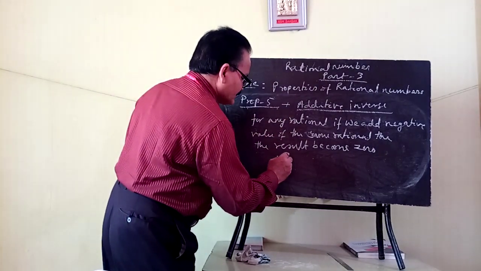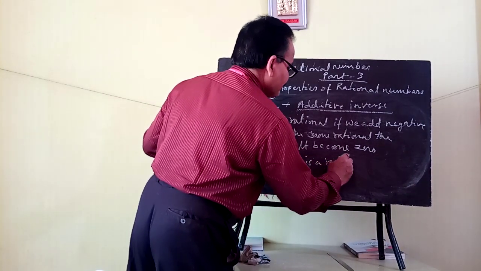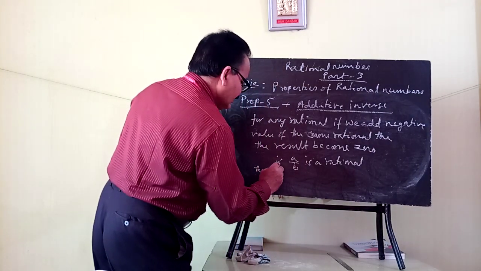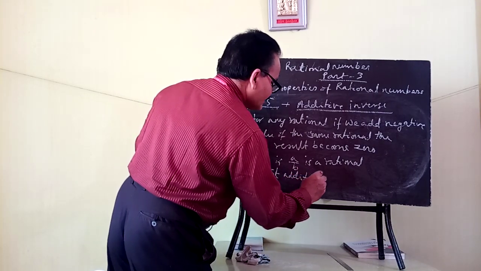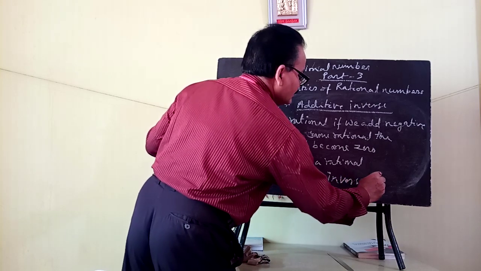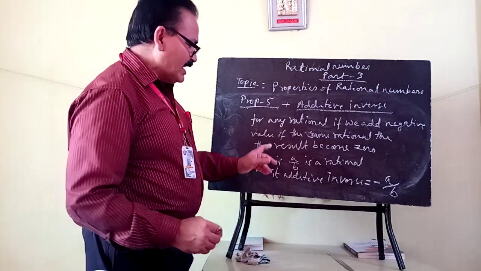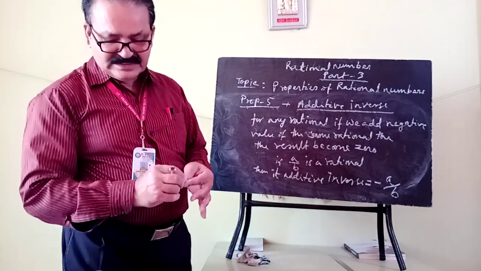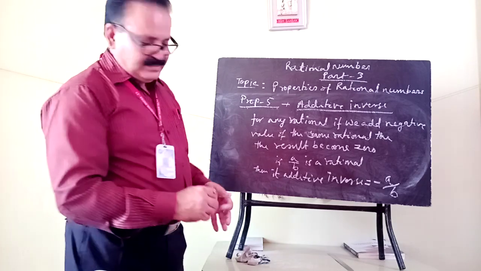Example, if A by B is a rational, then its additive inverse is your minus A by B. That means when you add A by B with minus A by B, the answer becomes 0. Okay?